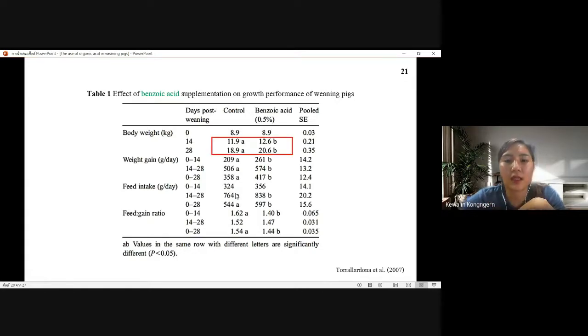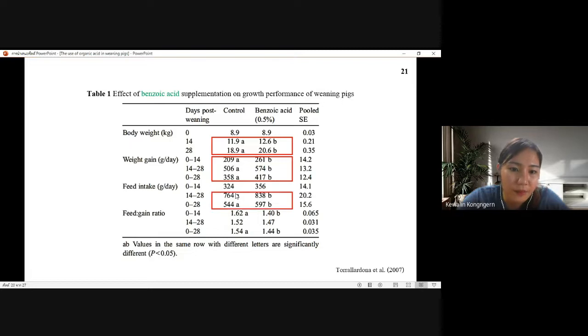We will see the body weight in the benzoic acid group on day 14 and 28 has a better result than the control group, in body weight and weight gain. The benzoic acid group has a greater result than the control group throughout the experiment, and feed intake.